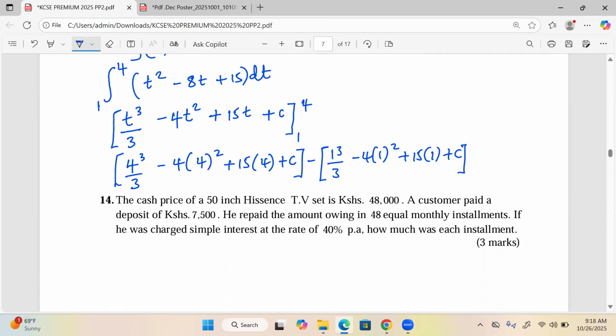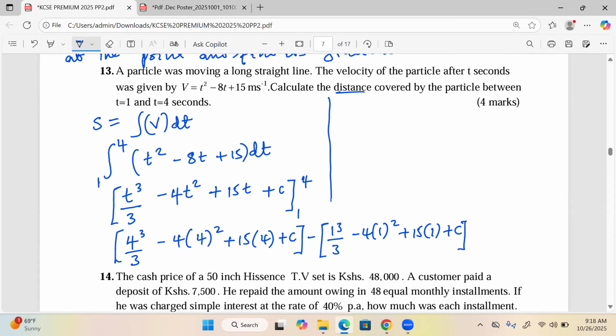Okay, let me utilize the space here. In the first case where we substitute 4, we start with 4 cubed over 3, minus 4 into 4 squared, plus 15 into 4. Now this gives us 17 and a third. Minus, we substitute 1, but it shall now be a third minus 4 plus 15.